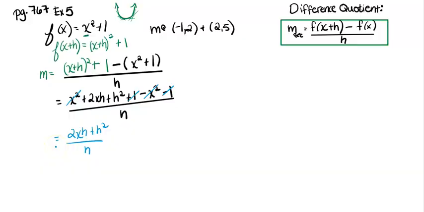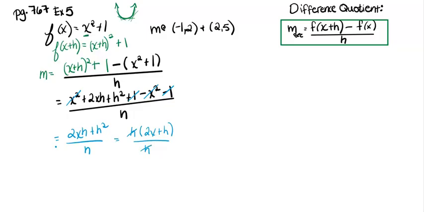So let's go ahead and simplify this. I can factor out an h from the terms of the numerator. So when I do that, I am left with 2x plus h on the inside, and then I have an h on the denominator. I can go ahead and cancel these common factors of h and h.